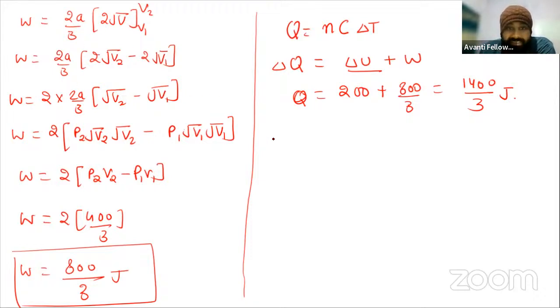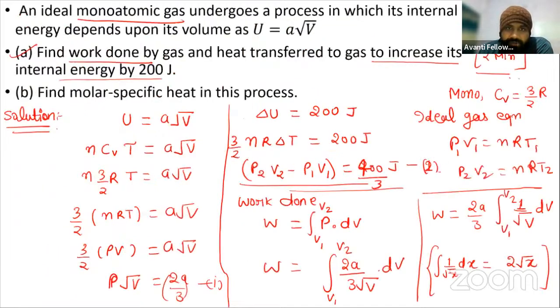Now, C here will become Q upon n delta T. Now, n delta T you can put from here.